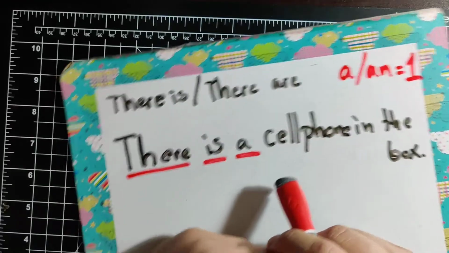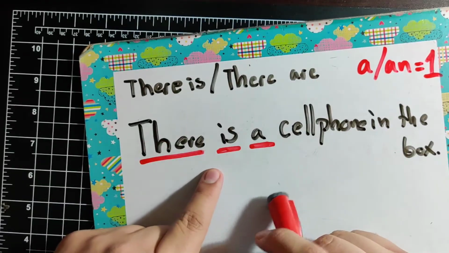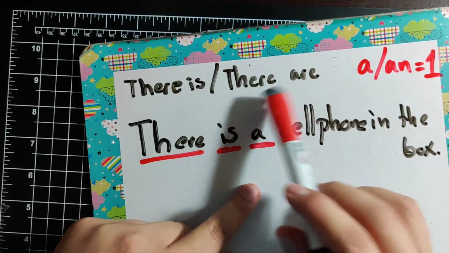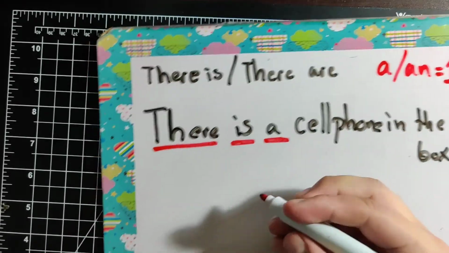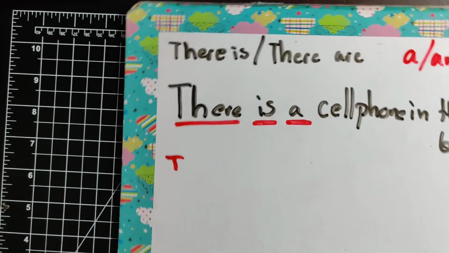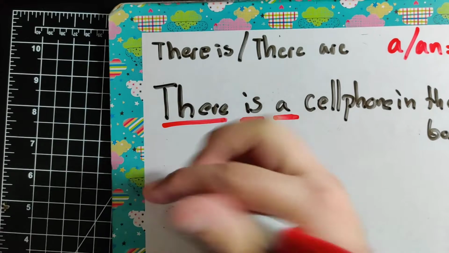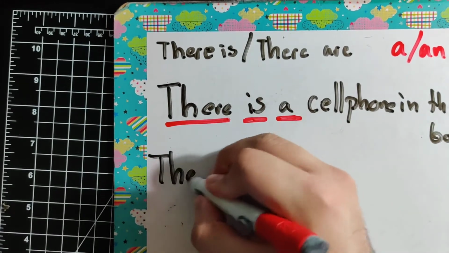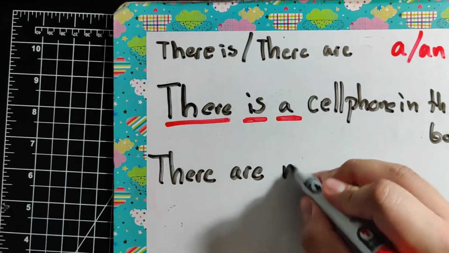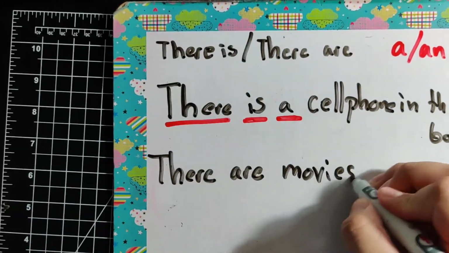Now, if we're using there is for one cell phone, I'm pretty sure you know what there are is going to be used for. For example, oh, no, I want to use black. Let's see. There are movies.